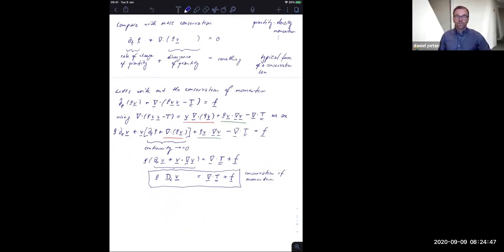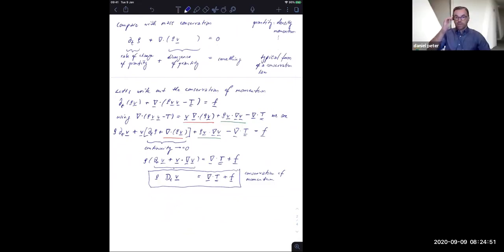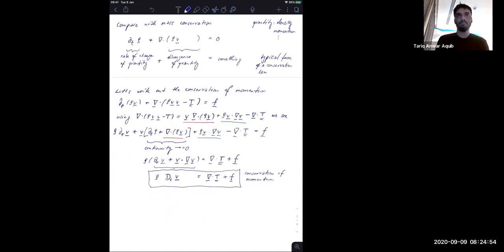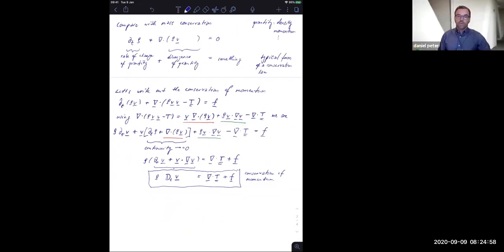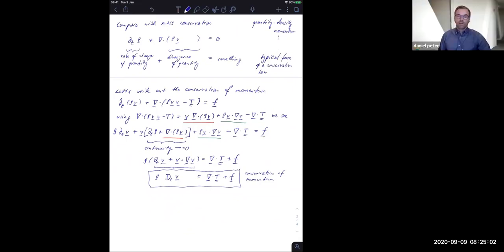Let's just assume it's 1D. Then the vector becomes a scalar. The tensor becomes a scalar. So then at the end, we have one equation. And which ones are the unknowns?